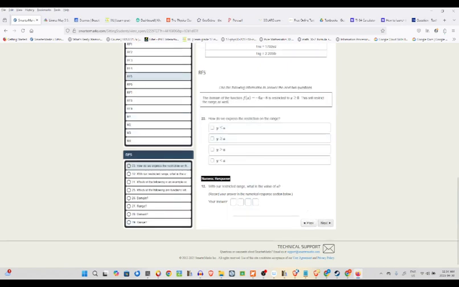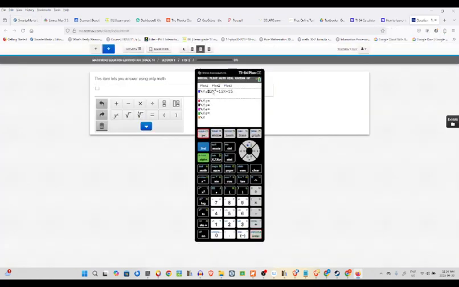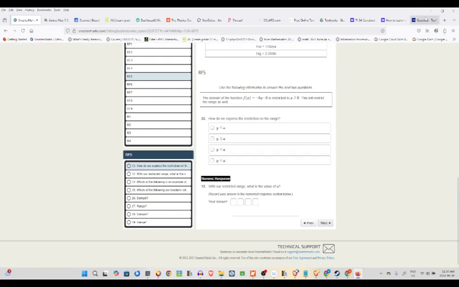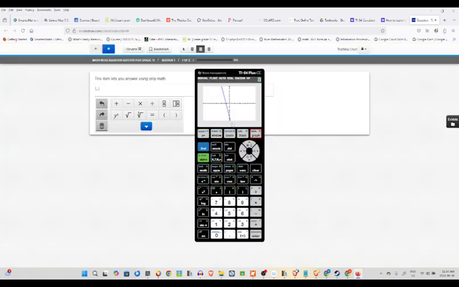All right. So now the domain of the function f of x equals negative 6x minus 8 is restricted to x greater than or equal to 0. This will restrict the range as well. So our function this time has a negative slope. If we graph this, negative 6x minus 8, we see if we restrict ourselves to only positive values of x, as we have here, well then y is going to be going down after that point.